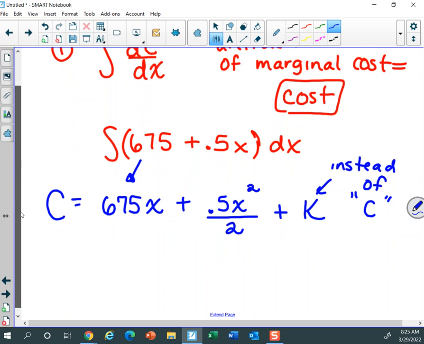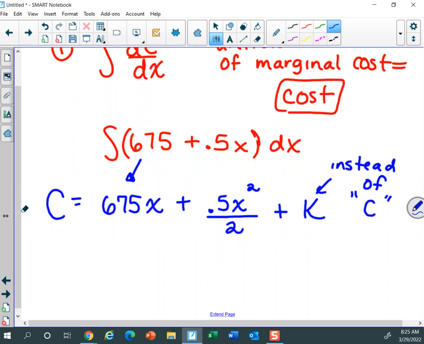Now, what was a little different on your lab was there was a pre-step to this. The lab started with data that I wanted you to make into a model. So instead of giving you the marginal cost equation, I gave you marginal cost data. Instead of giving you the marginal benefit equation, I gave you marginal benefit data.